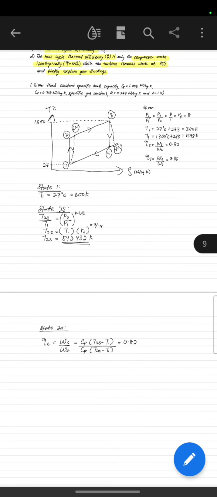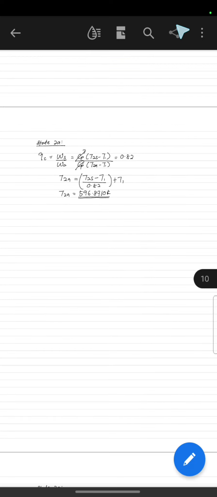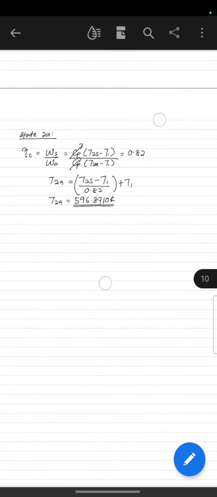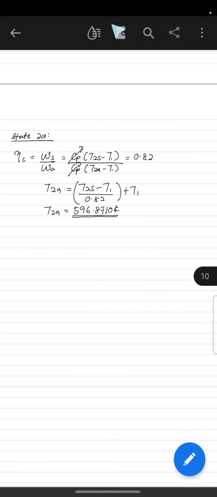Okay, next, once you got your T2S, remember that you have the isentropic efficiency for your compressor over here. So you need to find the actual value. You make use of this isentropic efficiency of your compressor, which is work isentropic divided by work actual. So you have Cp (T2S minus T1) over Cp (T2A minus T1) is equal to 0.82. So what you do actually is you rearrange the equations back, and then let's have a check over here.